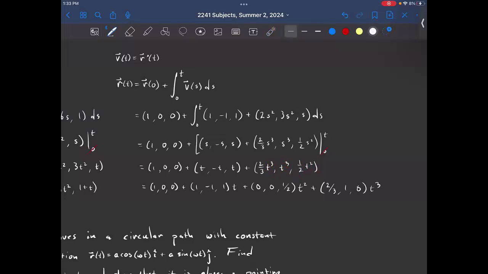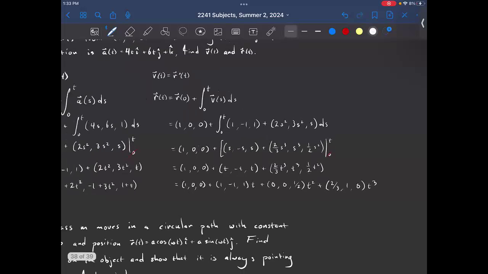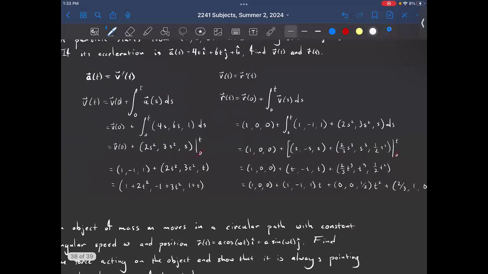And so now this is a polynomial with vector coefficients, which you can think of as a system of 3 polynomials if you want. But that's it. So we have found our velocity and position as functions of time. And we did it just by integrating from 0 to t on both sides of the defining equations for acceleration and velocity.